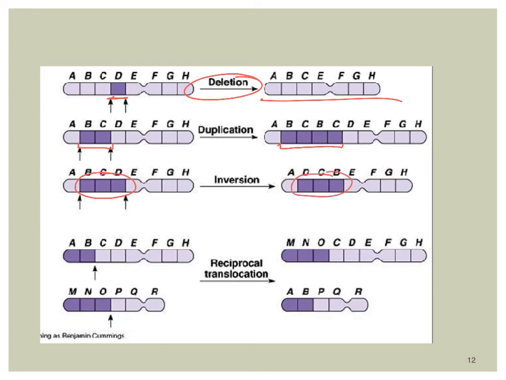It goes to DCB, so this means inversion, they're flipped. Okay, reciprocal translocation, where these guys, AB and MNO, which are non-homologous chromosomes, go to the non-homologous chromosome and attach there. So you're getting a shuffling of the genes, but it is a chromosomal mutation because it's not supposed to work that way.